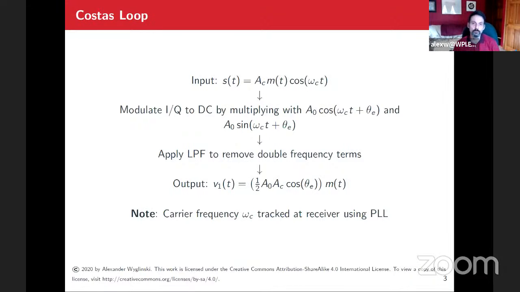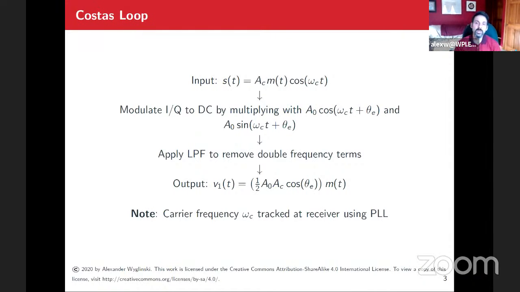So the Costas loop, what you got to do is you have, let's say that's your input, your passband input to your receiver. One trick is to multiply this by a sine wave, and there's also going to be potentially a phase offset. That's what theta E is. And what you do is just like what we've been doing in the past, right? With like envelope detection, it's kind of similar in many ways, in fact.